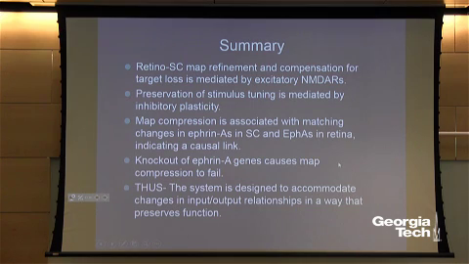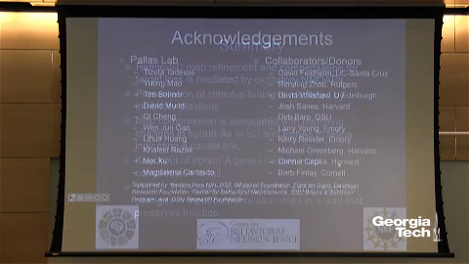But if we knock out those genes, then we don't get the compression. So we have defined then now a number of different factors that allow us to understand what mechanisms are used by this very simple projection to preserve function in the face of rather challenging damages, removing half of the structure.